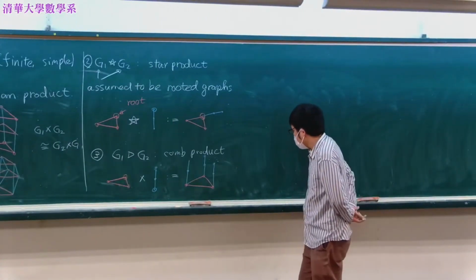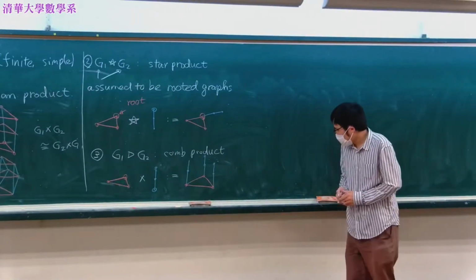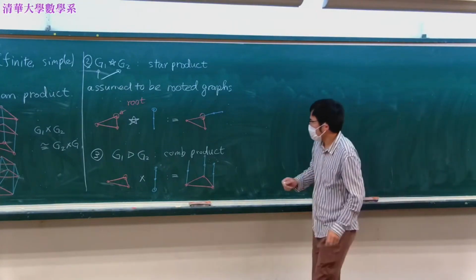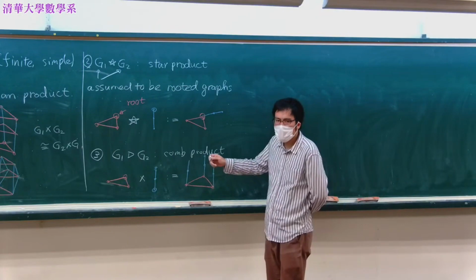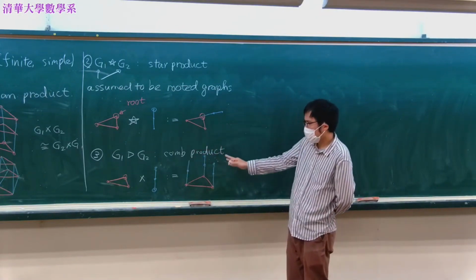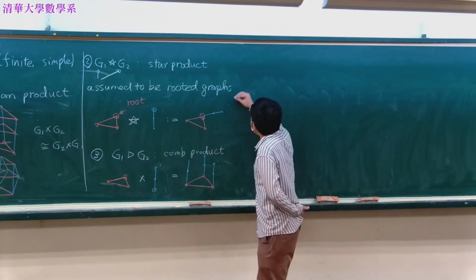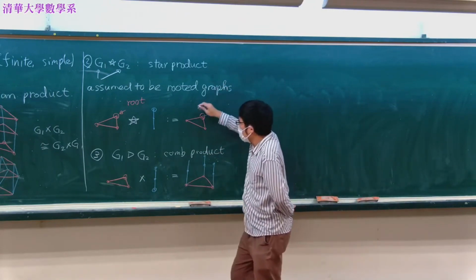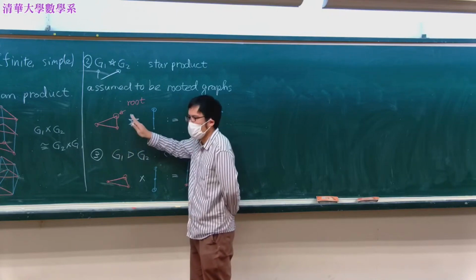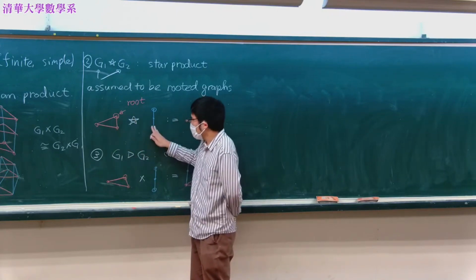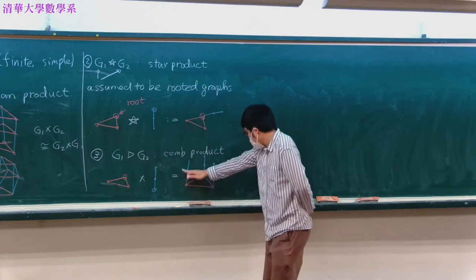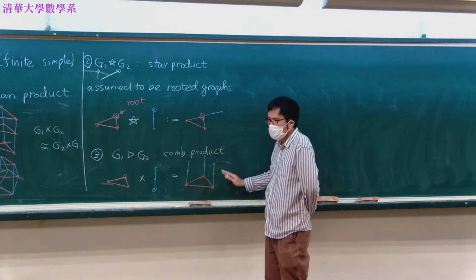And what I want to tell you today is to study the eigenvalues of the so-called adjacency matrices of those graphs. Each has an adjacency matrix and certain eigenvalues of the matrices. Then what happens to the eigenvalues for the product of the graphs?